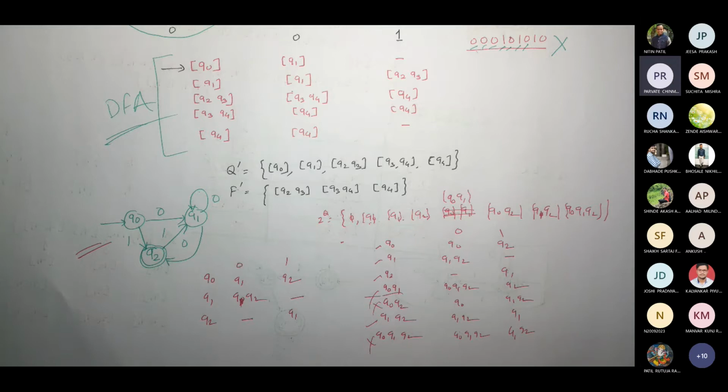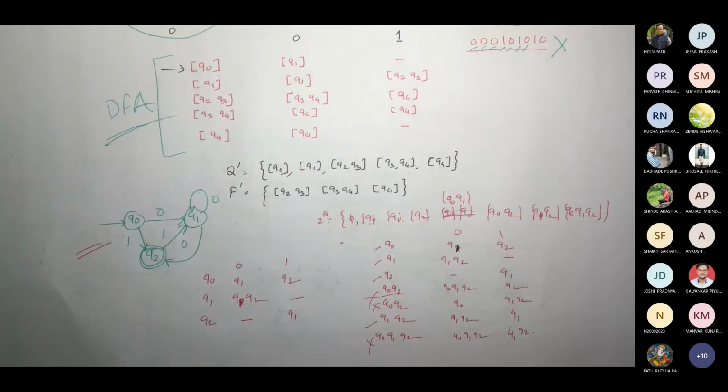Sir, as in the first state Q0, 0, it should be Q1, right? Sorry, I have written it wrongly. Yeah, this should be Q1. Sorry.